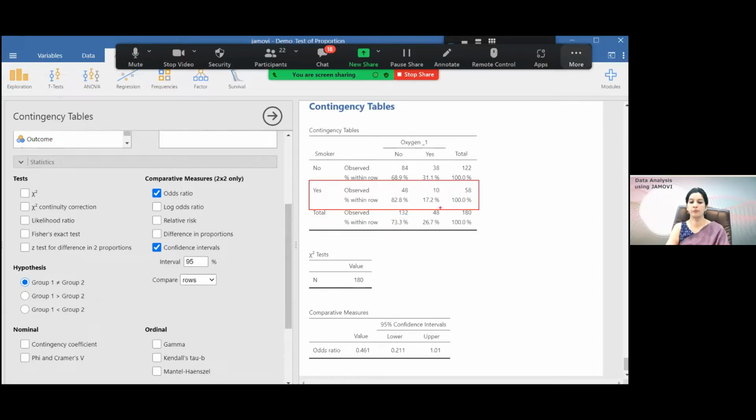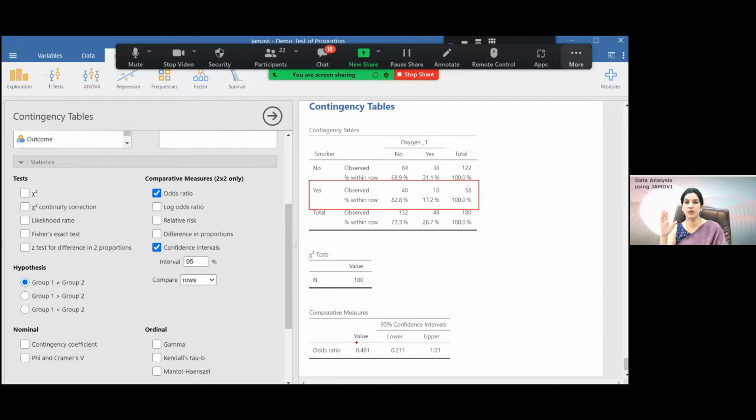So 17.2% of people who are smoker, they are requiring the oxygen, whereas the non-smoker, they are requiring more, like 31.1% of the people, they are requiring oxygen. So it's the other way around. That's why this odds ratio is the odds. So it tells you the reference category is the lower one. That means it tells you the odds of oxygen requirement in the smoker as compared to the non-smoker, because non-smoker has been taken as a 0 category.